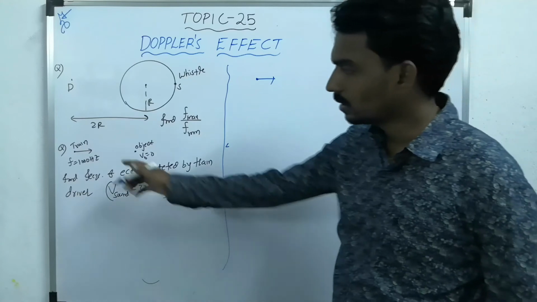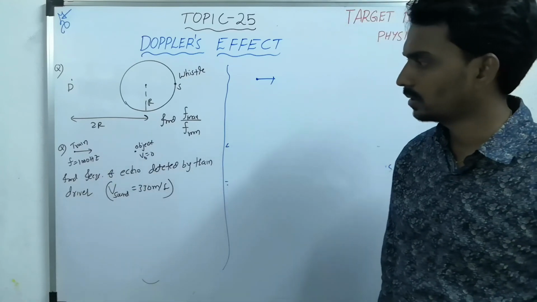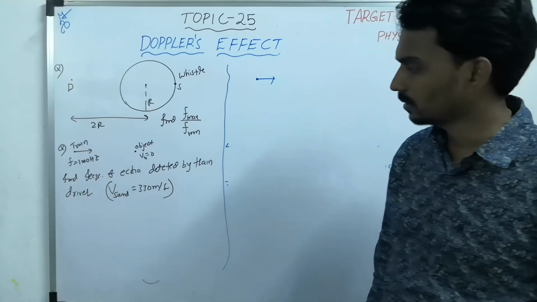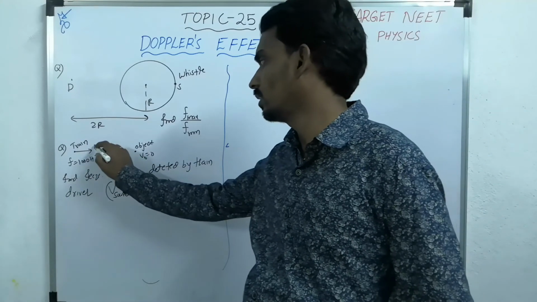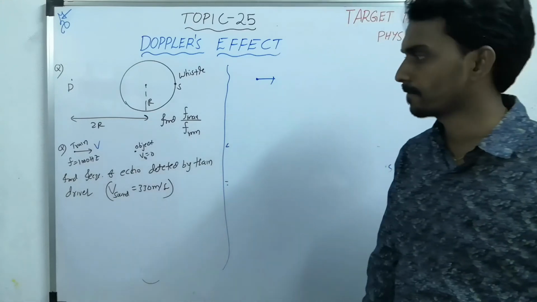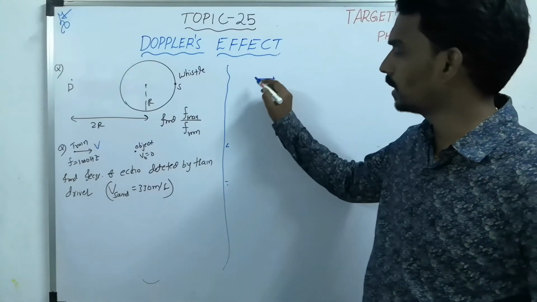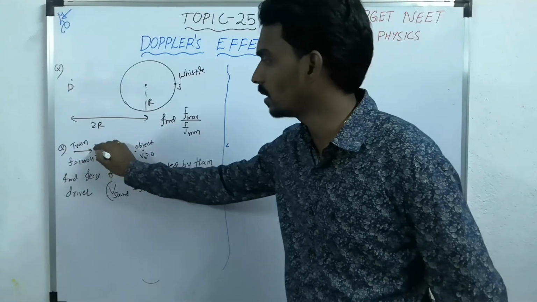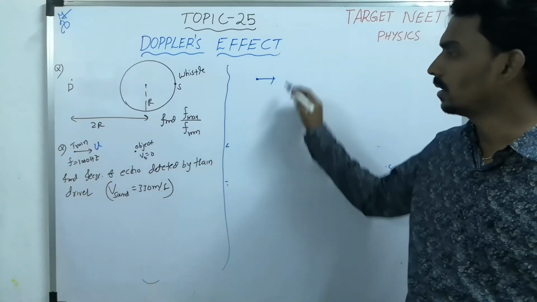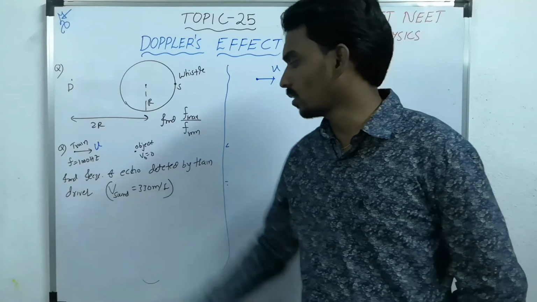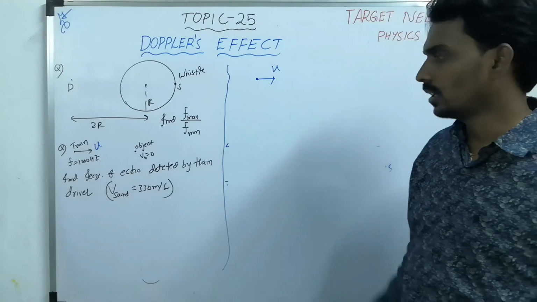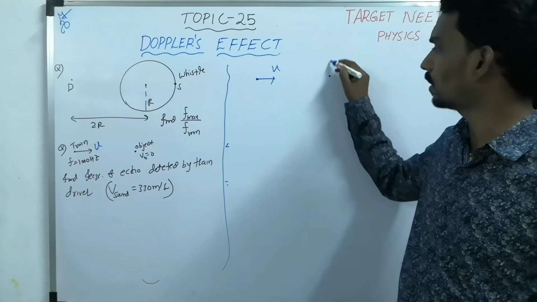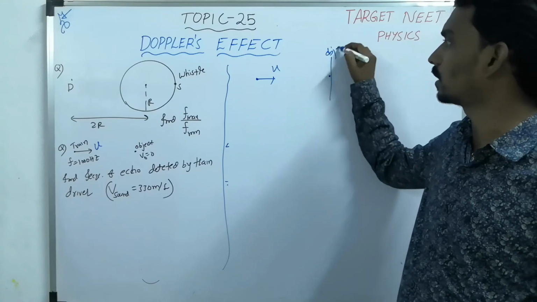The train speed is not given, so let's take something like V. Actually, don't take V, let's take U. Now the frequency is 1000 Hz and the speed of sound is 330. Now one object is at rest, whatever the object may be, we don't know what it is.